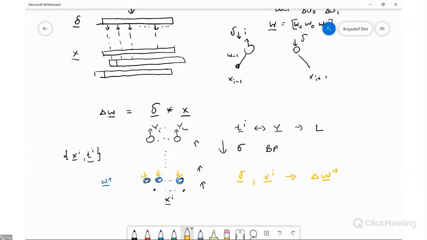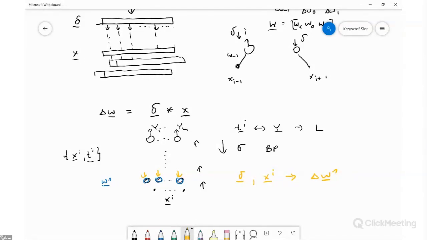So, and again, everything is within the same framework of backpropagation. A difference is that every neuron in this layer has exactly the same set of weights. And therefore, I will be making an update that is kind of based on performance of all of these neurons.